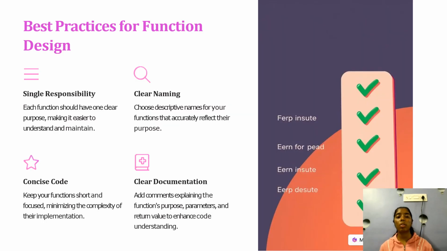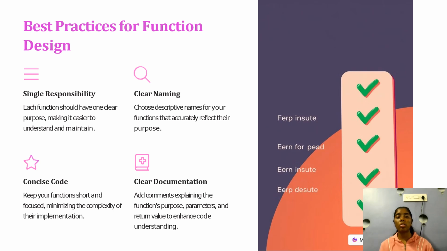Let us discuss best practices for function design: single responsibility, clear naming, concise code, and clear documentation. Single responsibility: each function should have one clear purpose, making it easy to understand and maintain.